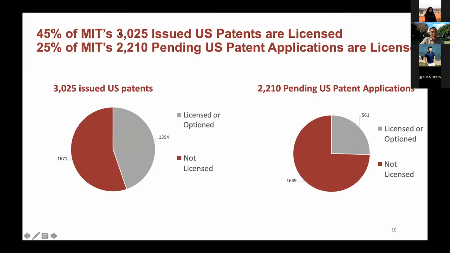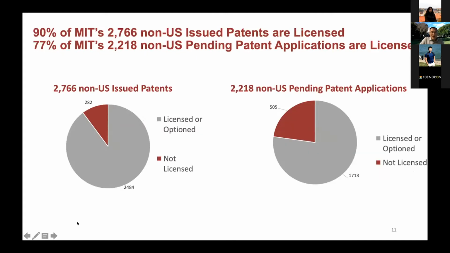About 45% of MIT's 3,025 issued US patents are licensed. And 25% of MIT's over 2,000 pending US patent applications are also licensed, just before granting. Those patents are already licensed.